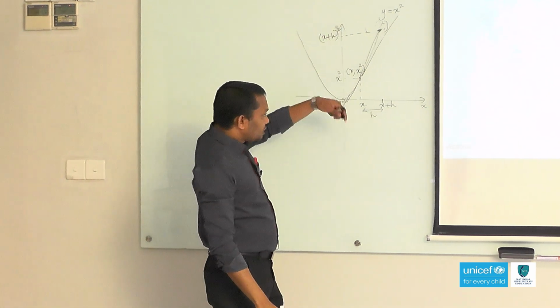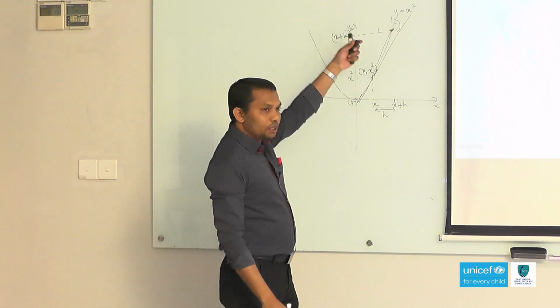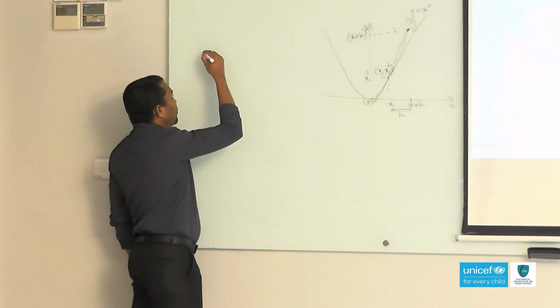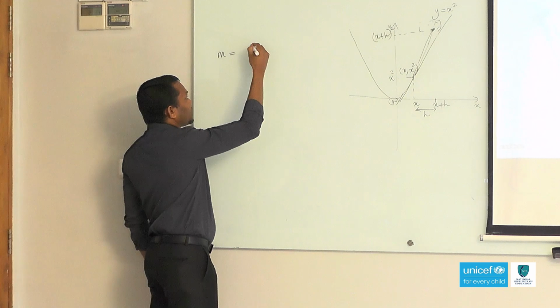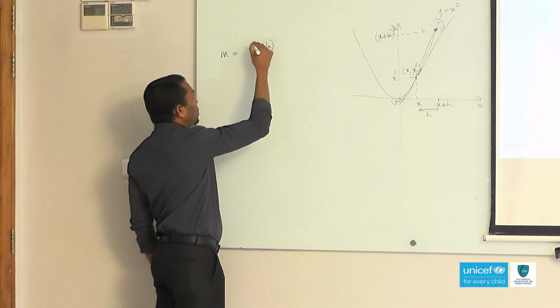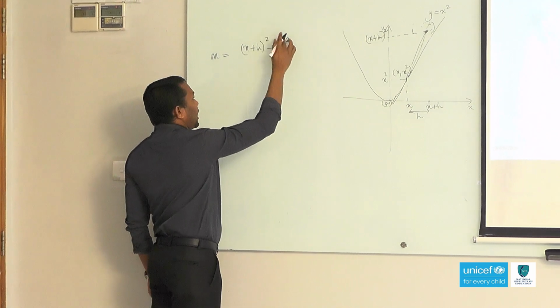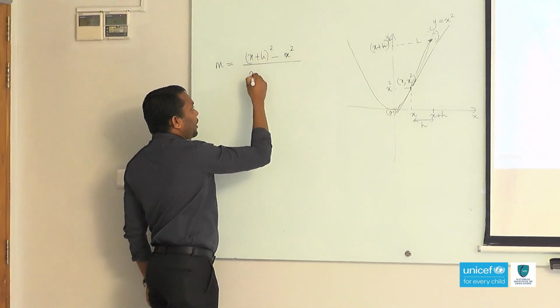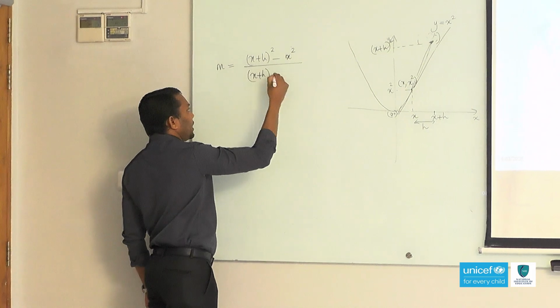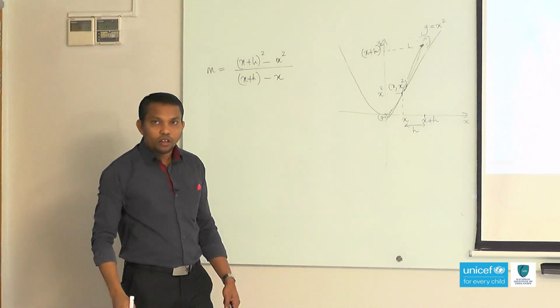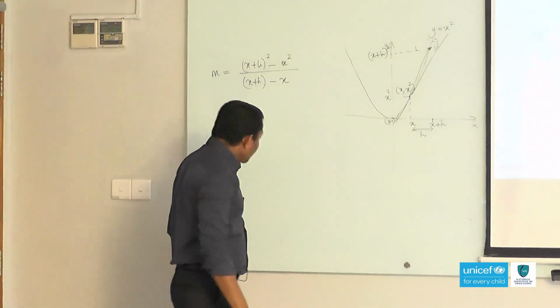So, I am going to use the same similar technique that I used in the previous example. So, my gradient m equals x plus h whole thing squared minus x squared divided by x plus h minus x in general.